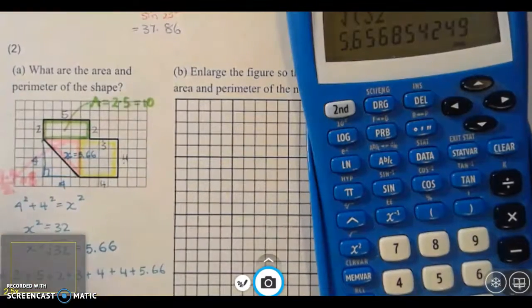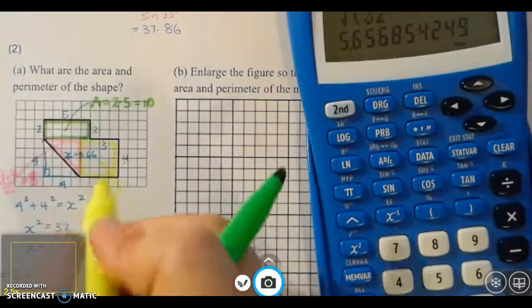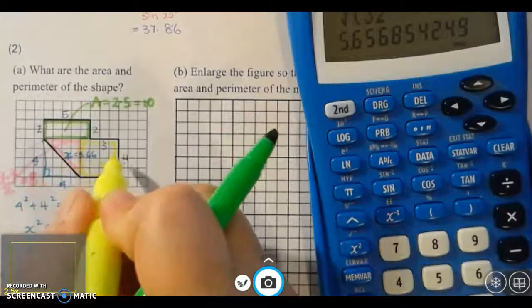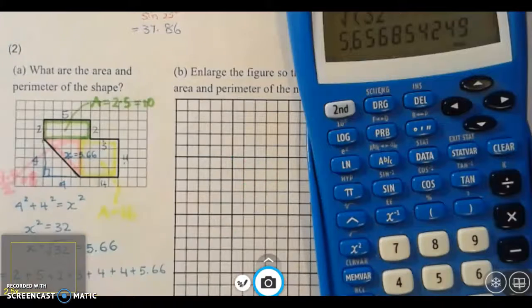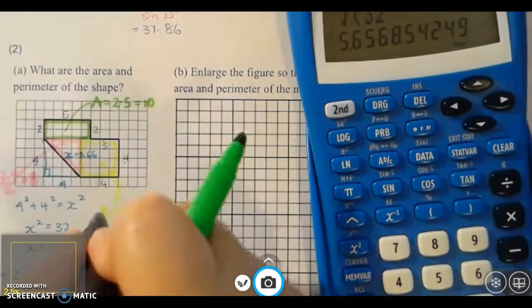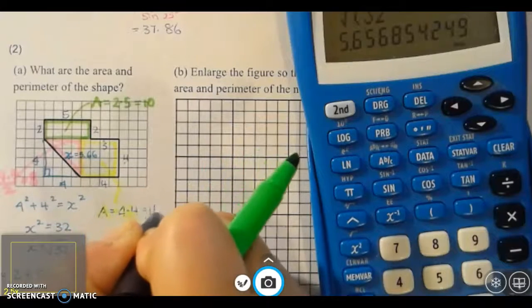And what about the last area? Yellow area. Don't know whether you can see this, but it's just a square. 4 times 4, that's going to be 16 units.